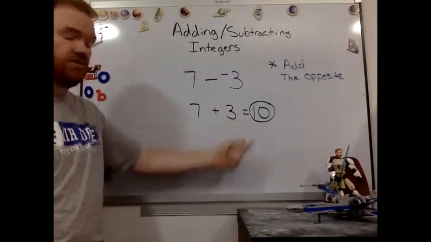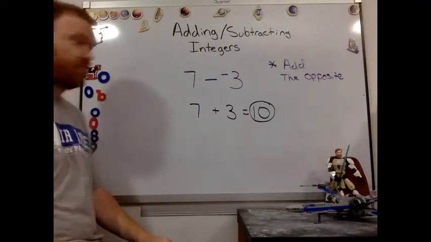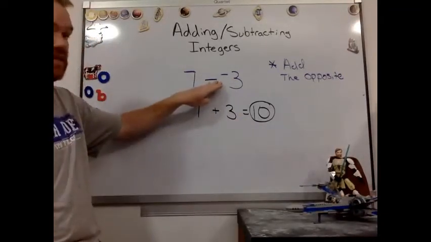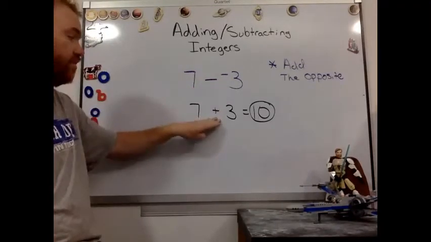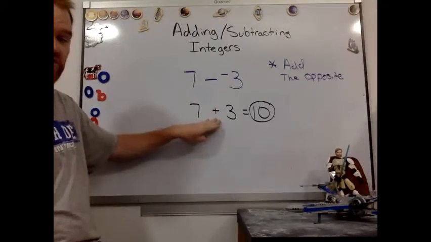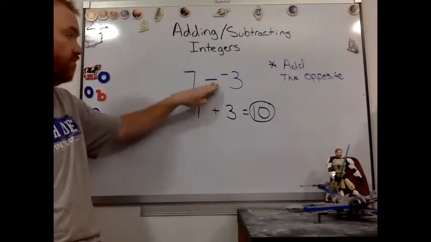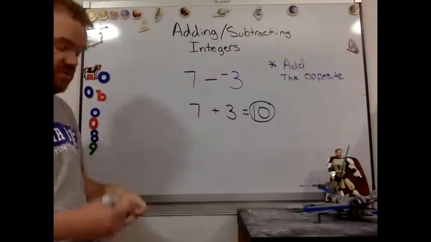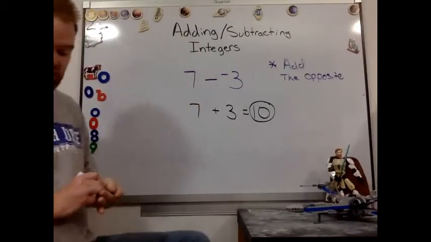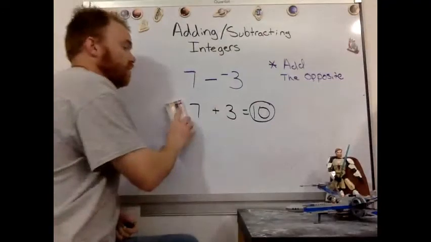It's much easier and much simpler for us to work with. A lot of times in math, you're not even going to see this. A lot of times they're automatically going to change it to this. But if you do see minus negative, just know to change it and add the opposite.